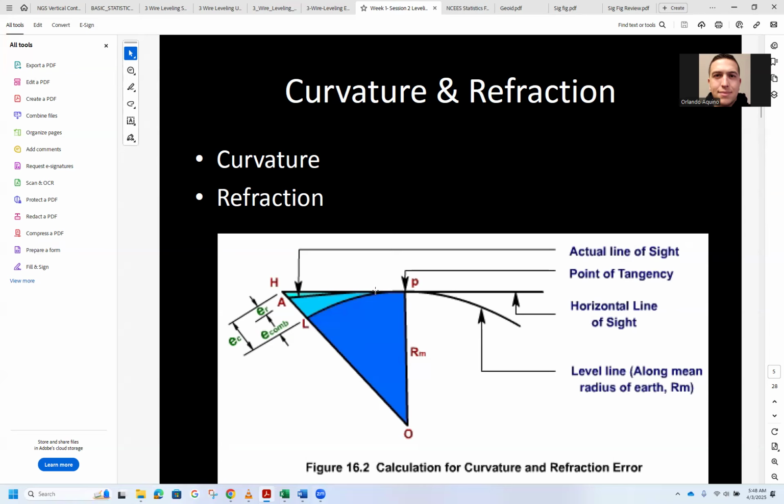And then you have your point of tangency where you would be sitting. You would have a point of tangency running through where the curvature meets a straight line. Then you have your level line, as the earth is going, pretending this is that level line here. And then you would have your vertical line through here.